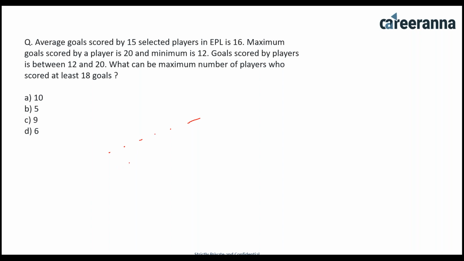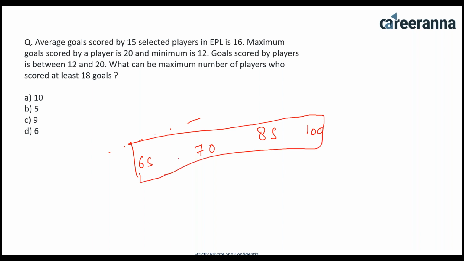Guys, if you're sitting in a car and it is moving at 65, 70, 85, and then 100, what will be your average speed? Don't we say that 80 kmph is the speed? What does that mean?